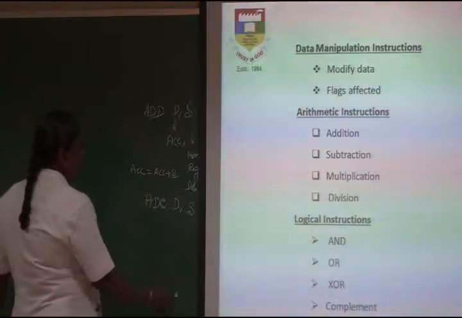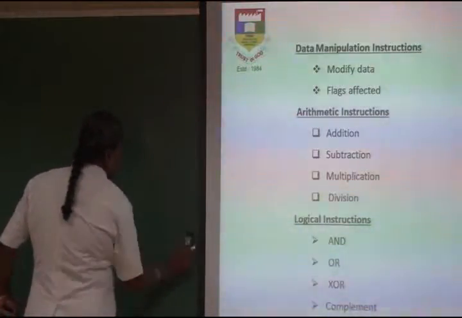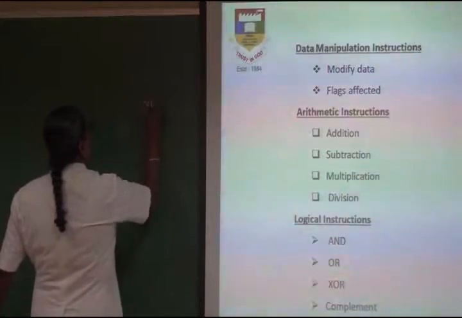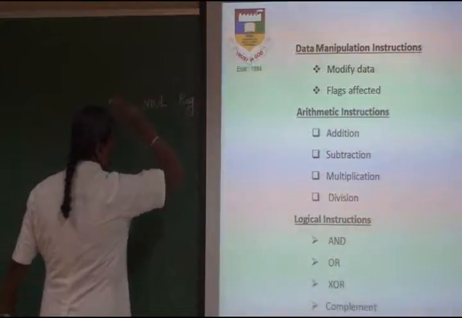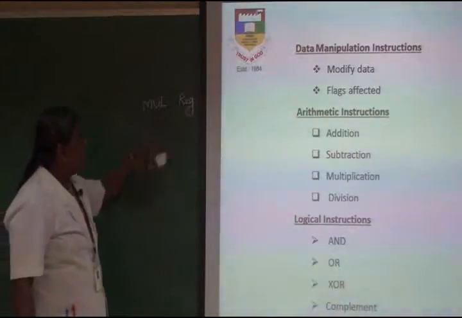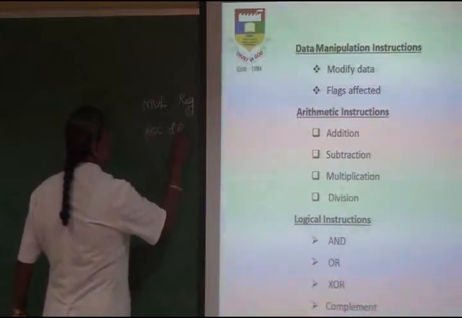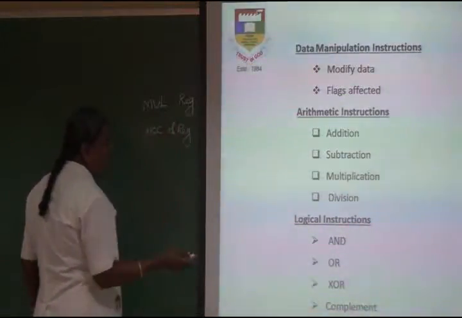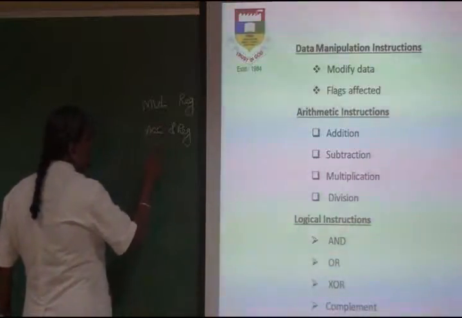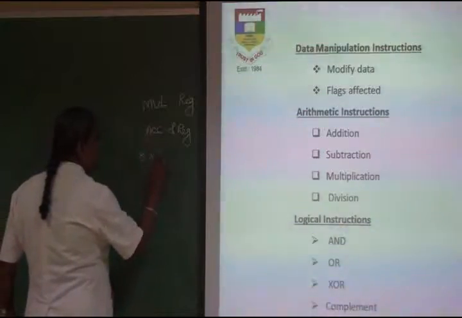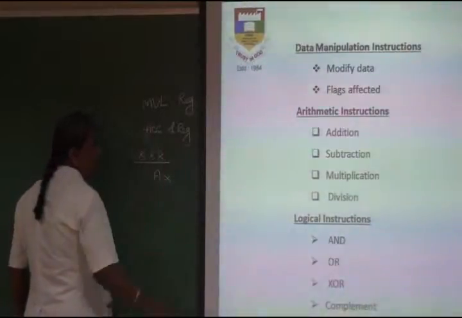And multiplication, the instruction used is MUL register. So MUL register means the contents of the accumulator and the contents of the register are multiplied. If you are using 8-bit data by 8-bit data, the result is stored in AX register.